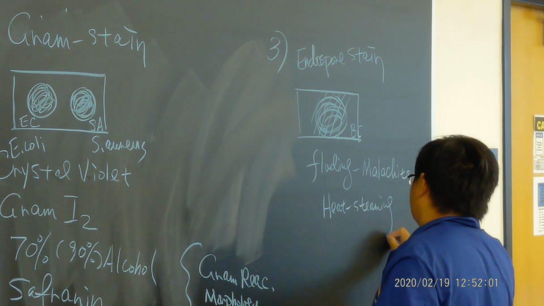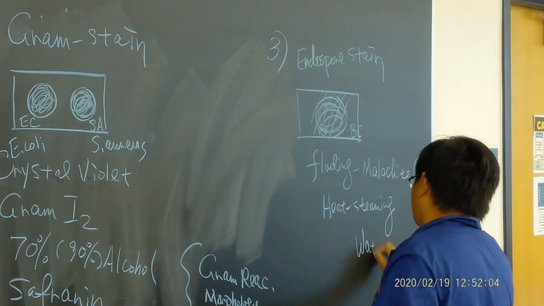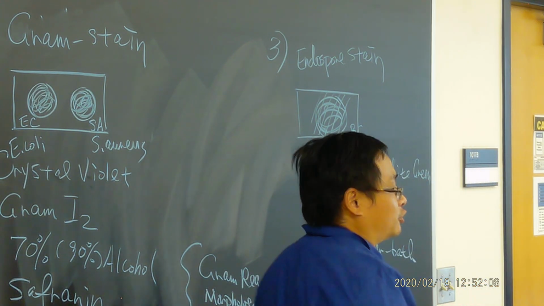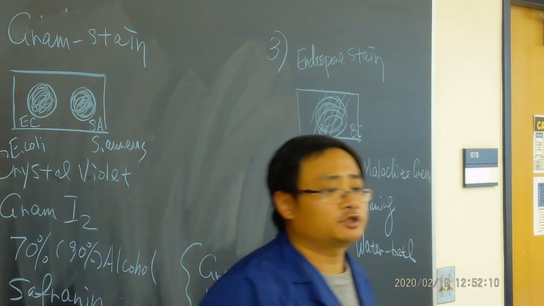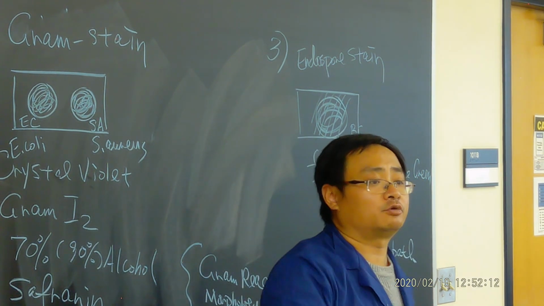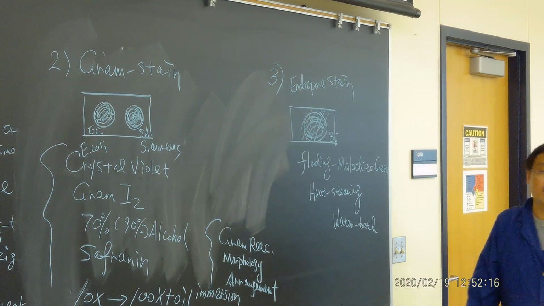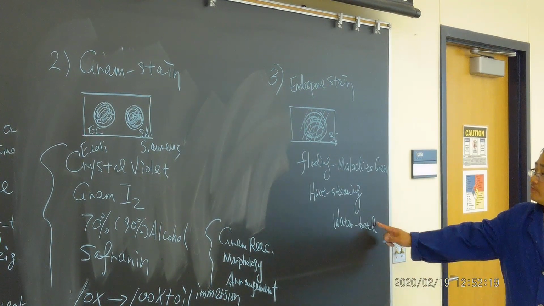For this heat steaming, we're going to use the water bath. In the video, I used the Bunsen burner back and forth on the surface. Here we'll just use the water bath. I think the water bath is already heated. Okay? If it's not good, we can go back to using the Bunsen burner.